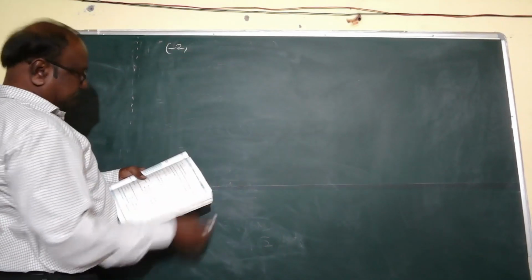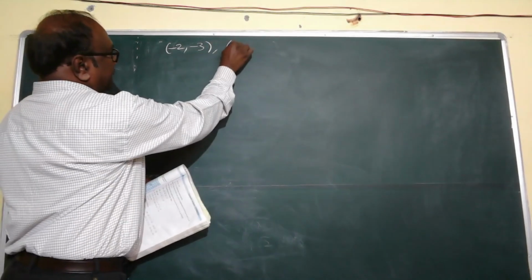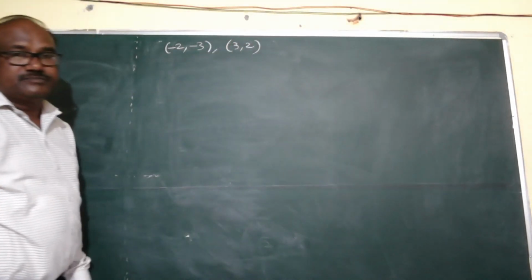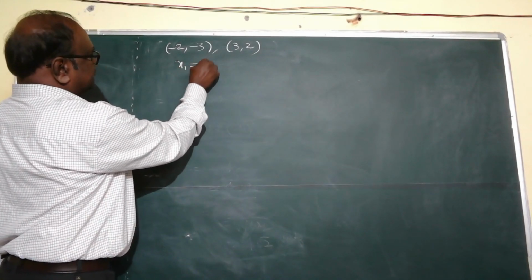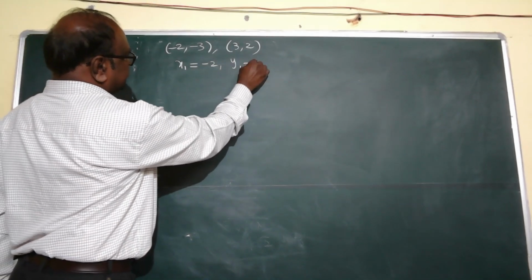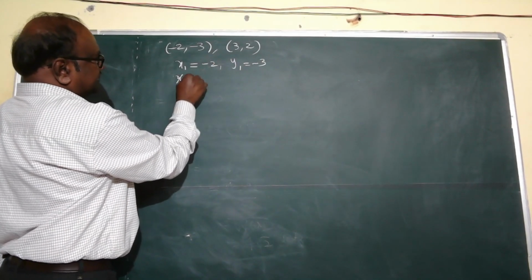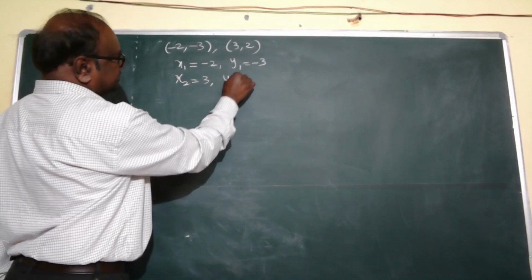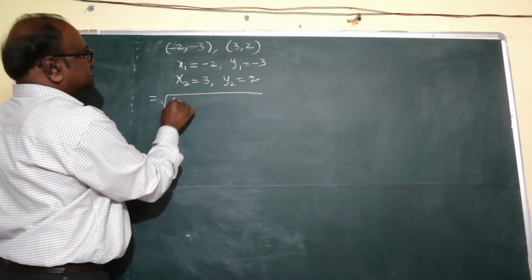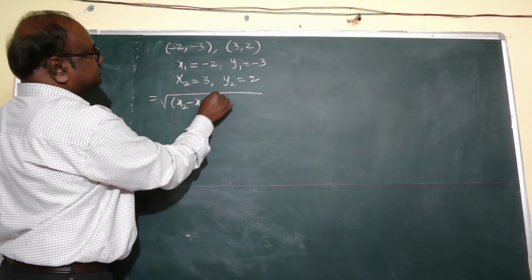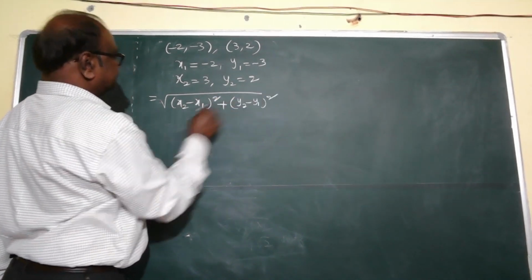One more problem from this exercise. (-2, -3) and (3, 2). Let us write the values. x1 is equal to -2, y1 is equal to -3, x2 is equal to 3, y2 is equal to 2. Now under root, once I write the formula, (x2 minus x1) whole square plus (y2 minus y1) whole square.